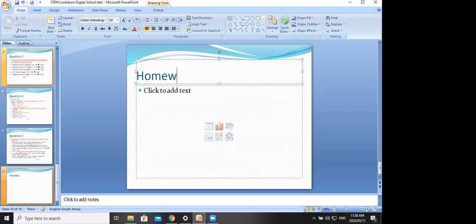let's continue. Please jot down your homework, or else make sure that you are one of those who submitted their email address so that you will get these slides immediately after this.